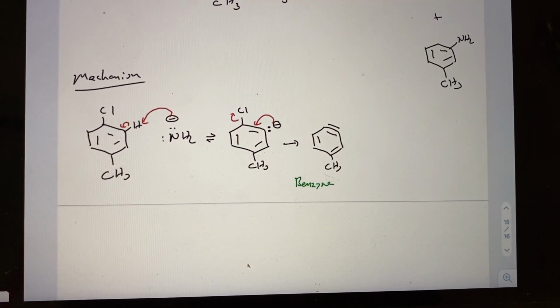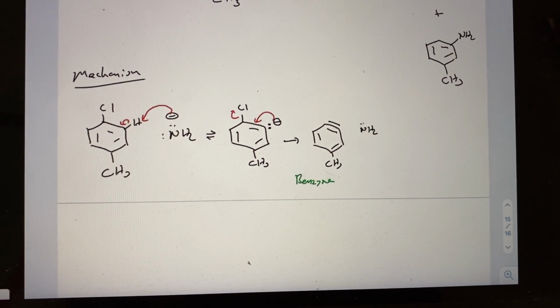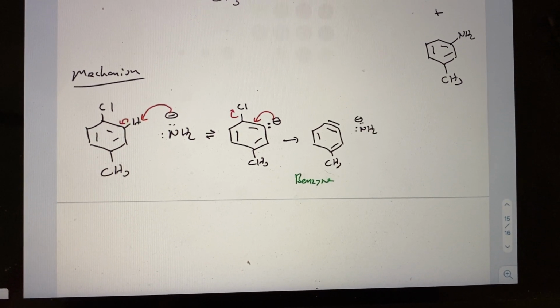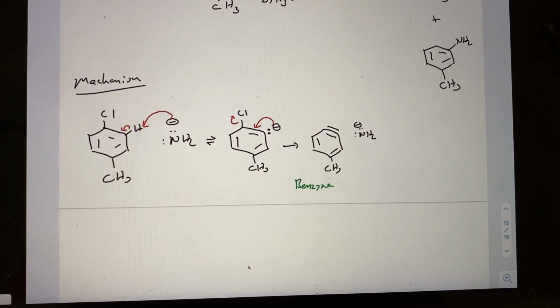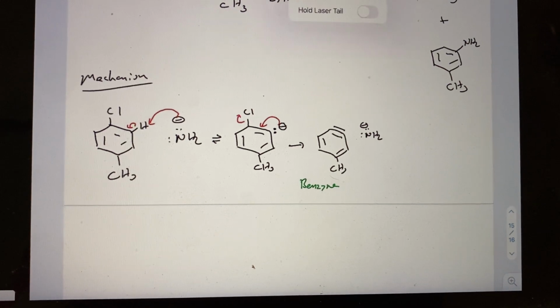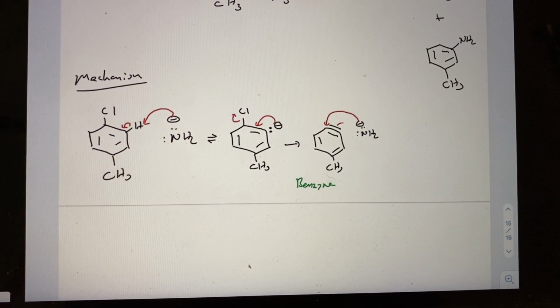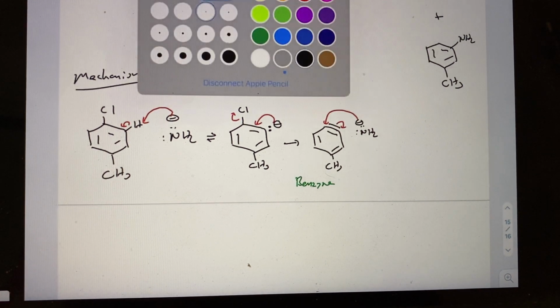Now what we can do is have our amide attack this. And now it could attack on either side of this benzyne. So let's have an attack here. Move these electrons back over here.